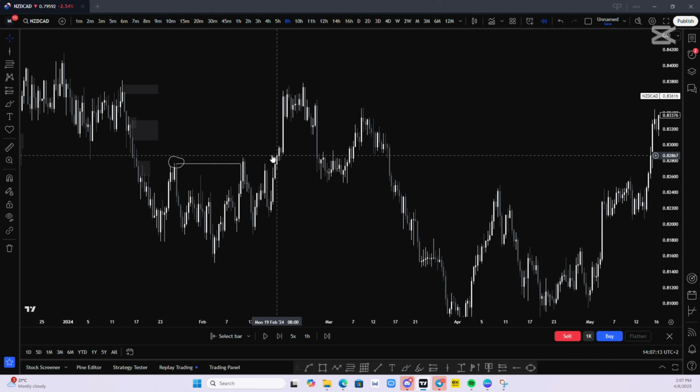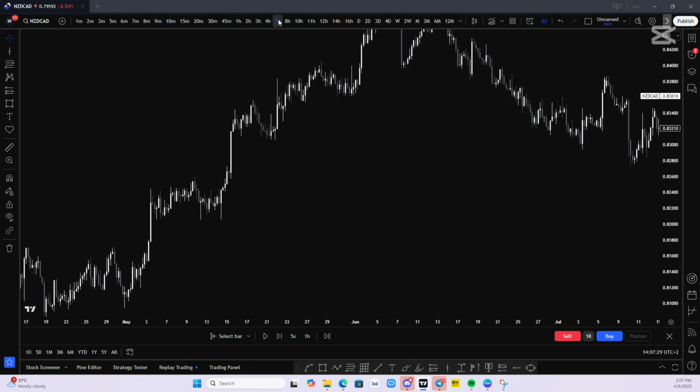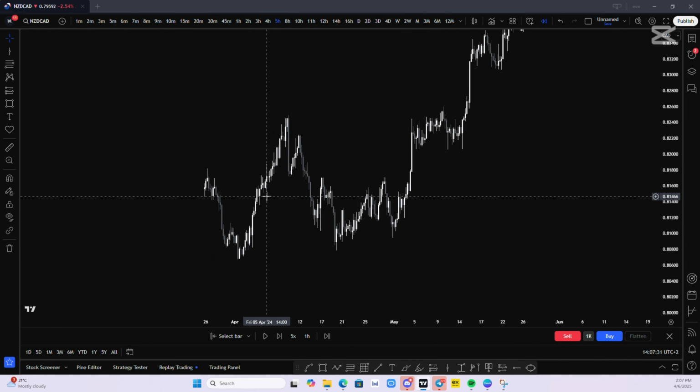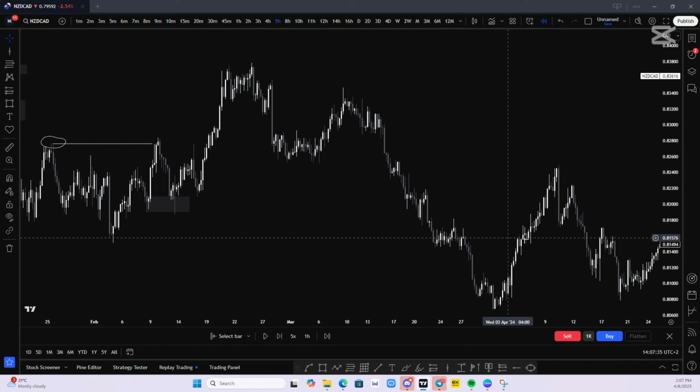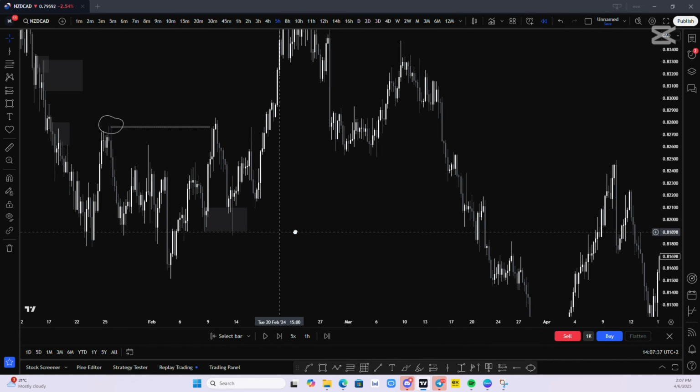Here we can see that after price violated our previous lower high, price created this beautiful demand area. But unfortunately, price just spiked us out and then pushed to the upside. But we can always get more entries from price spiking us out.